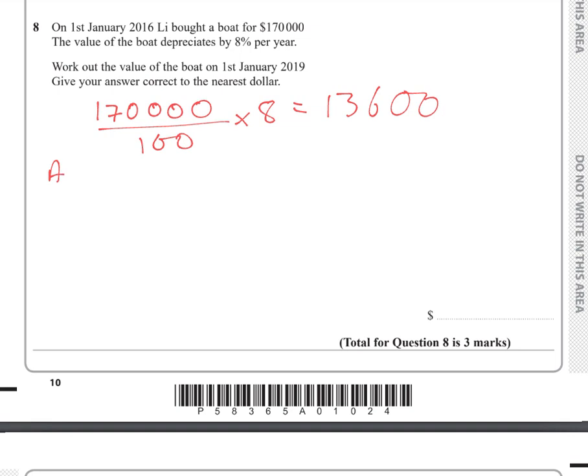So after 1 year, minus 13,600, it's 156,400. Then we do exactly the same to get after 2 years.